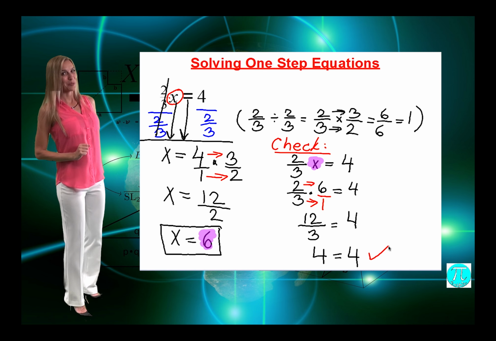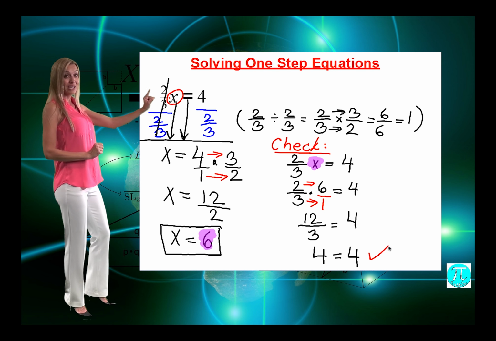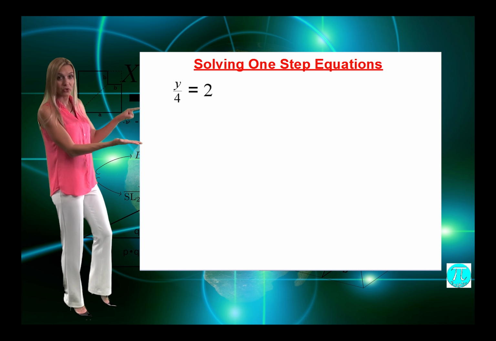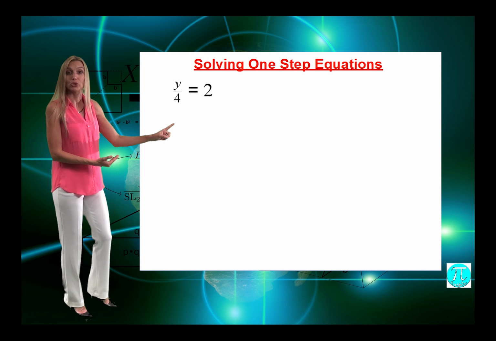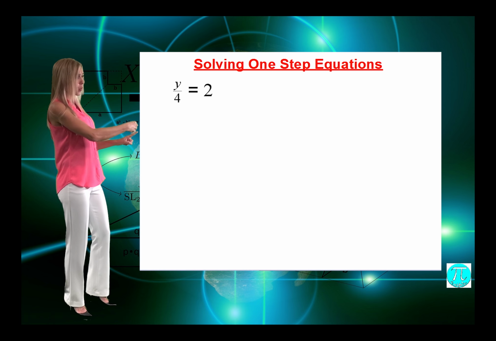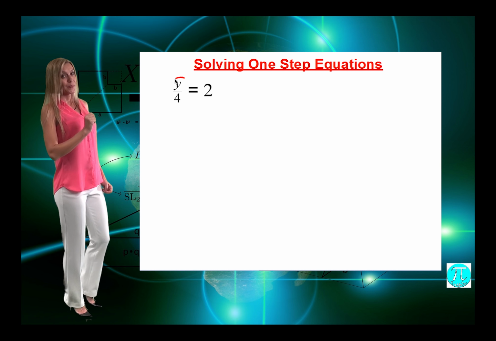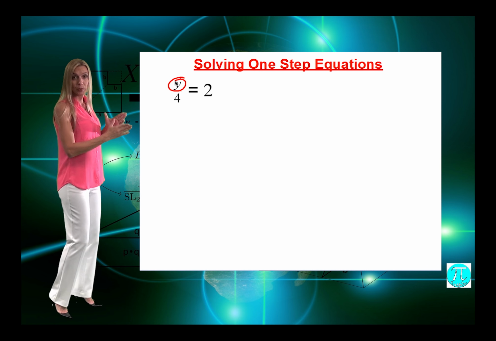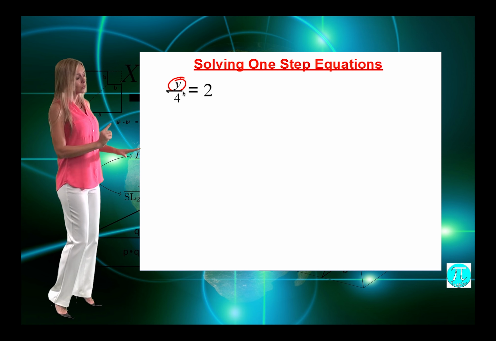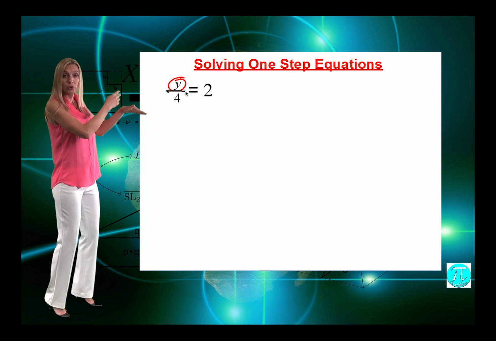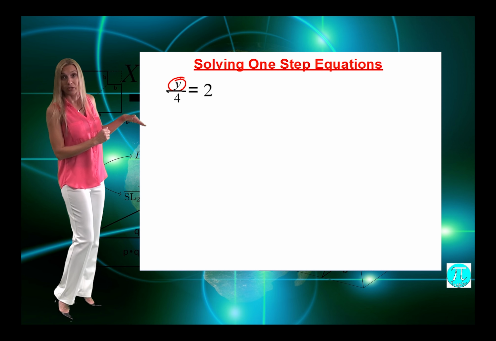The next example has y over 4. Remember, a fraction is a division, so y divided by 4 equals 2. Let's isolate our y. Let's isolate our variable. Now, we want the 4 to be gone. We want just one y, right? Well, if there's y divided by 4, we're going to have to multiply by 4.